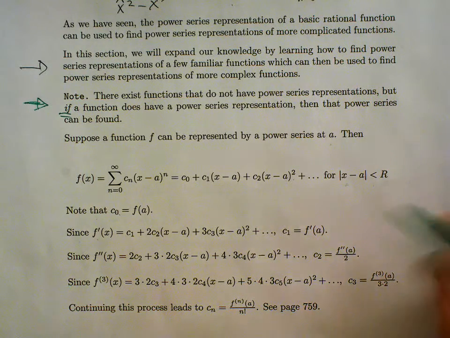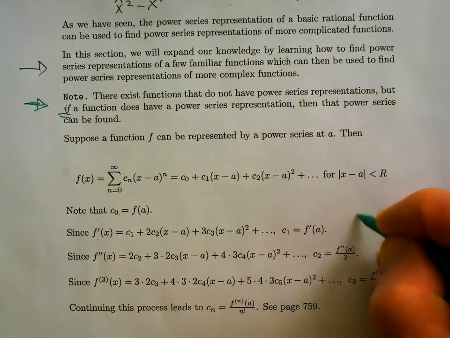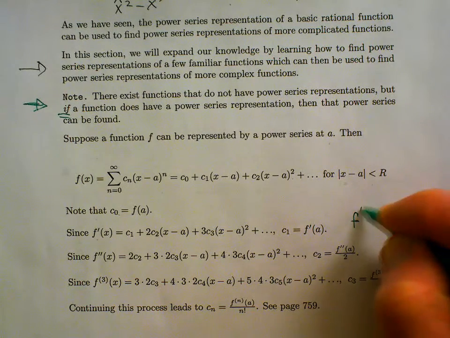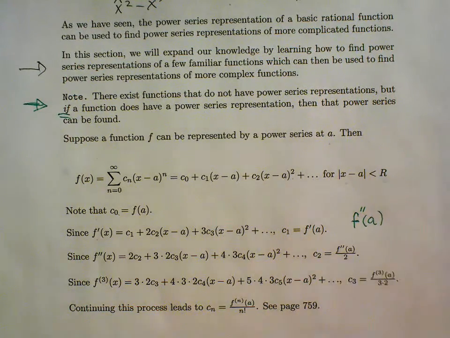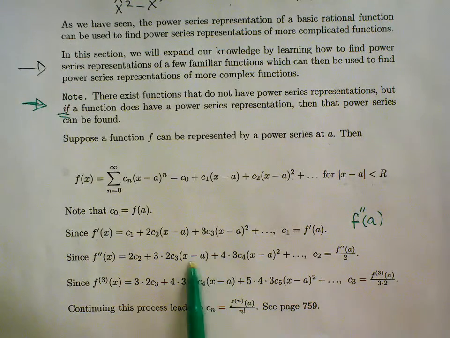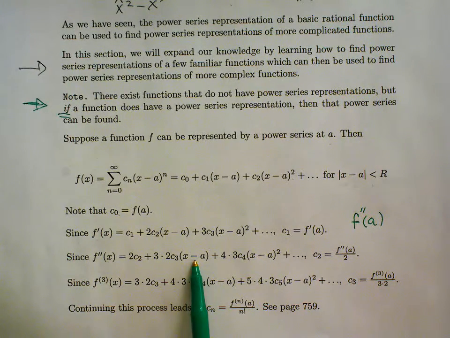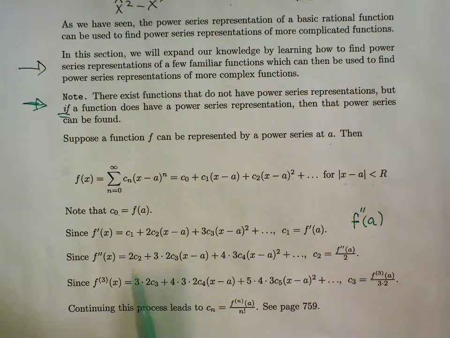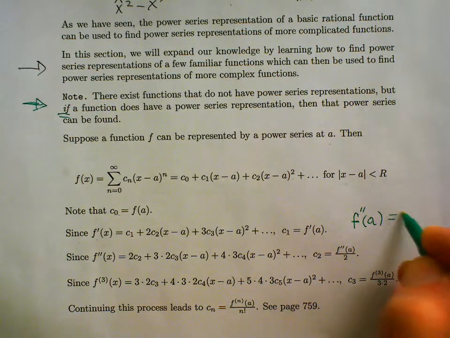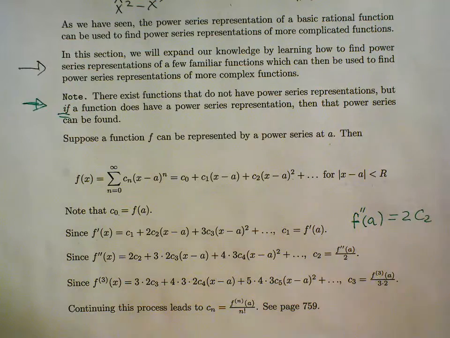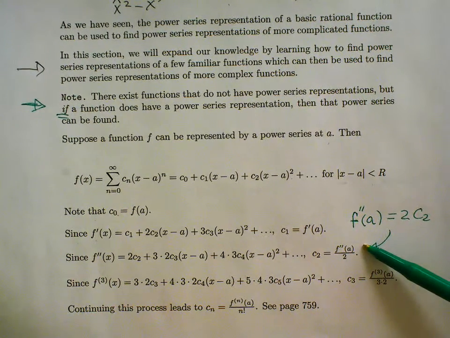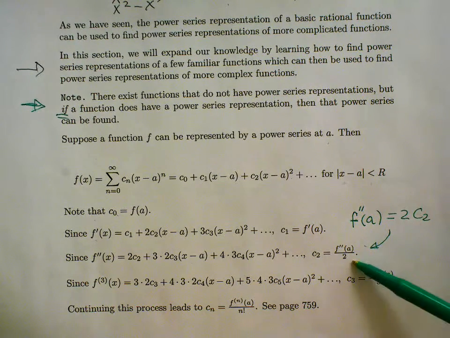So note that when we evaluate the second derivative at x equals a, all of the terms are 0 except 2 times c sub 2. And so the coefficient c sub 2 is just the second derivative of f evaluated at a divided by 2.